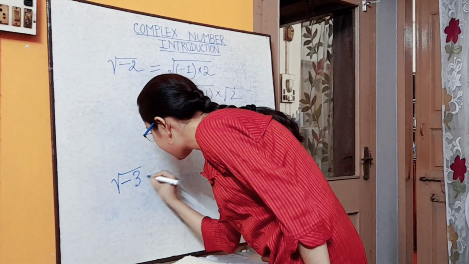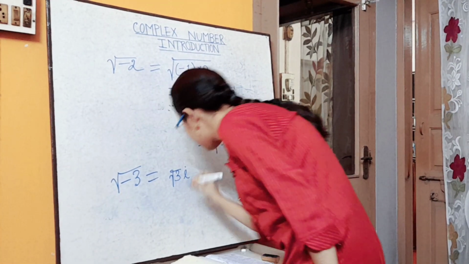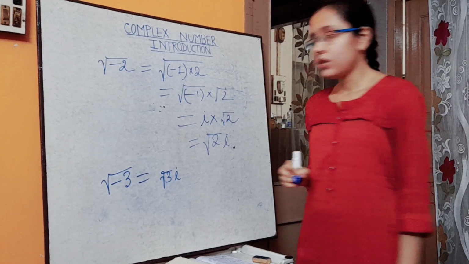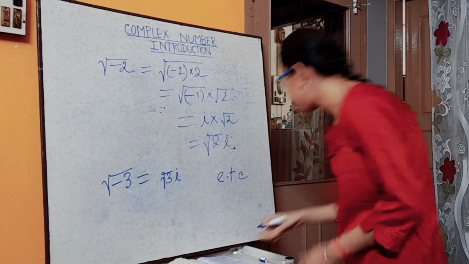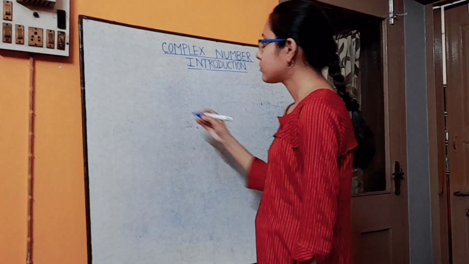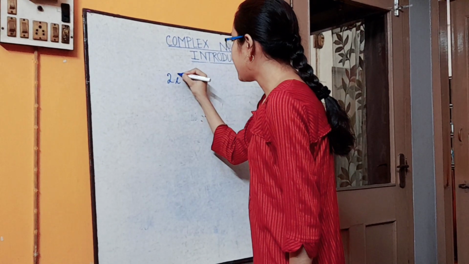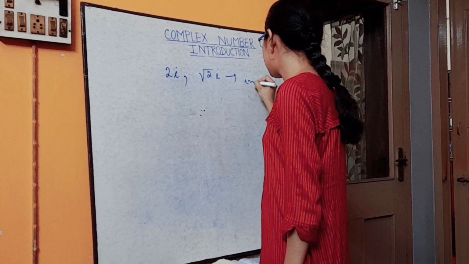Similarly, root over -3 can be written as root over 3 iota, etc. Other numbers can also be written in this form. So these types of numbers are called imaginary numbers.